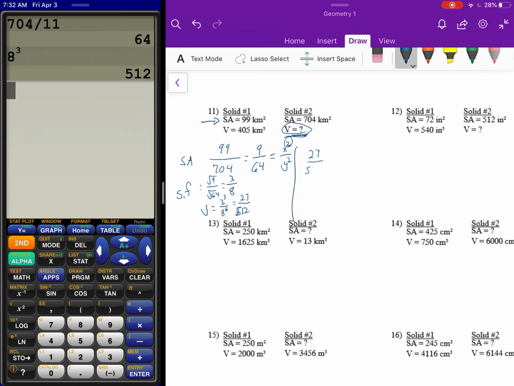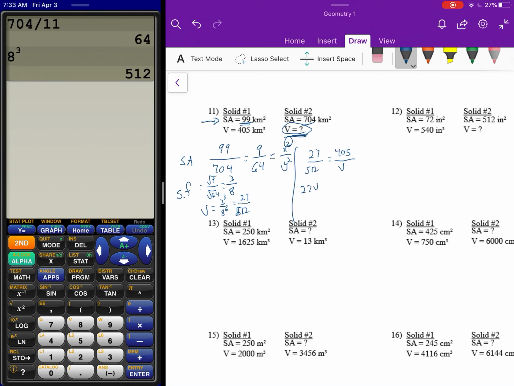27 over 512 equals, now this was the smaller one because we had a 99 and a 704, equals 405 over V. And now we're going to cross multiply.